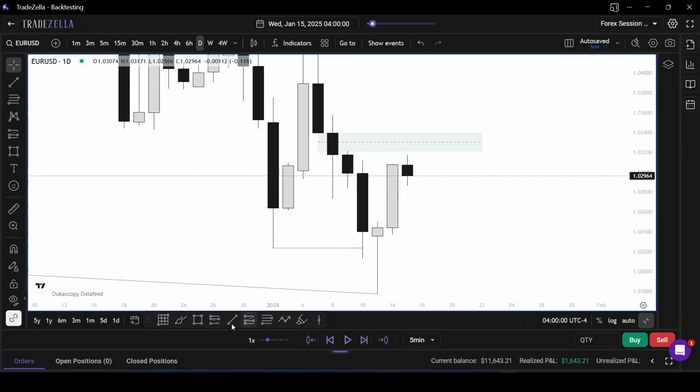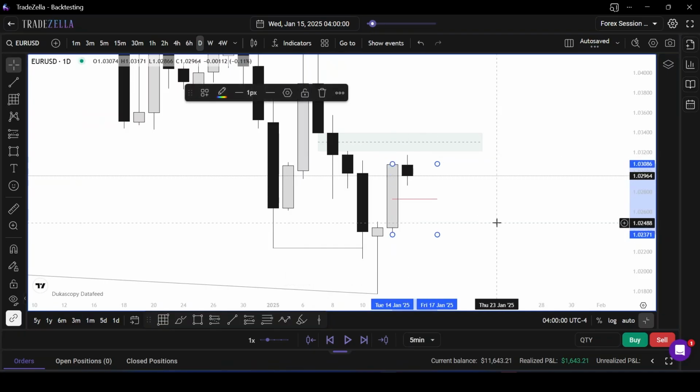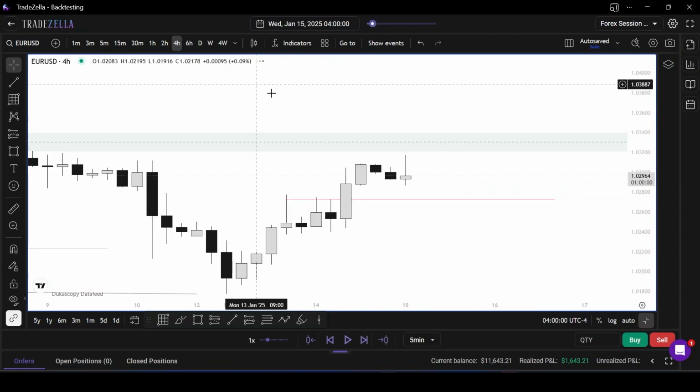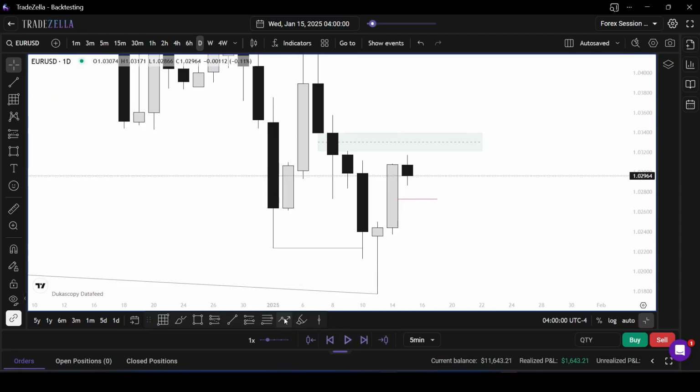First, let me mark this candle, this C3. Yes, the midpoint. I want to see this day do whatever it is doing within the upper half of this candle 3.